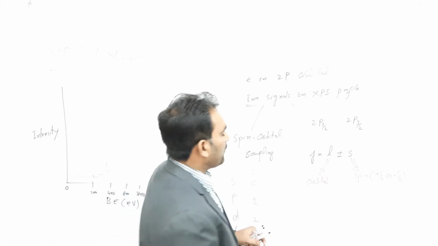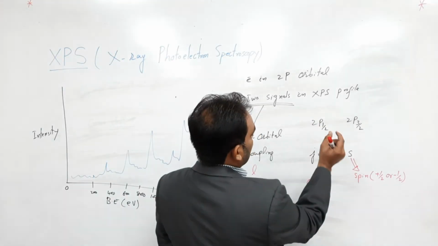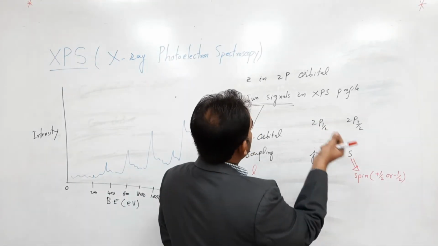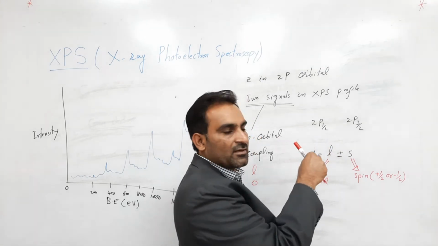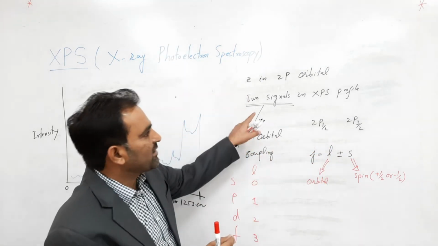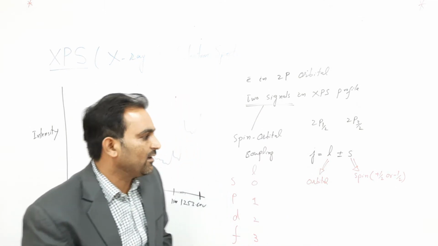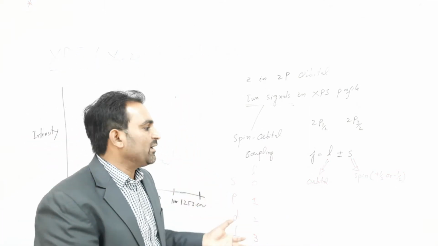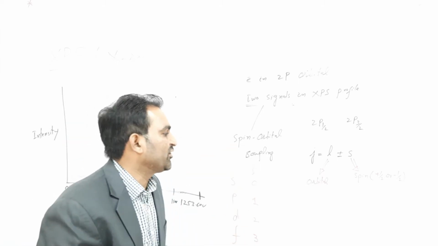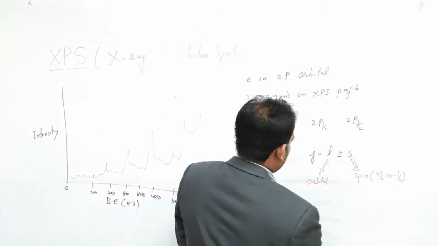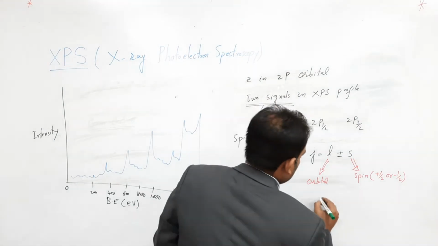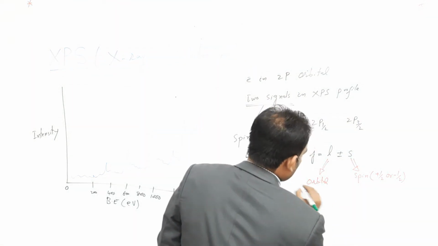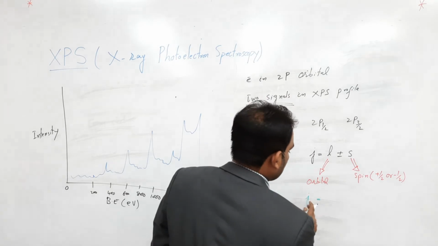Okay. Now, because your electron is present in P orbital and it gives you two signals in the XPS profile, we want to find what type these signals will be and what their positions will be. You will get two J values.